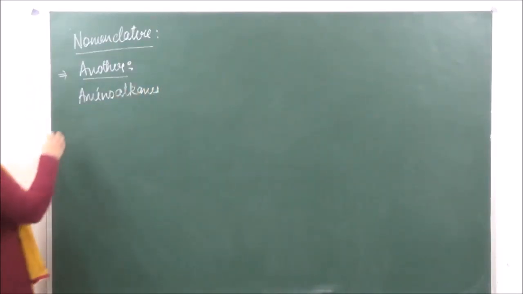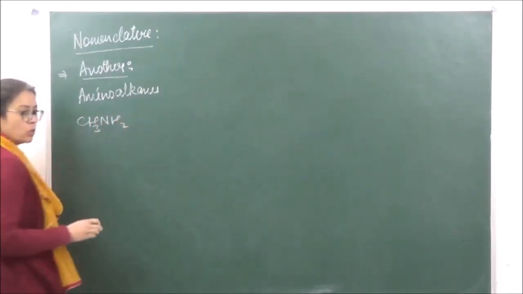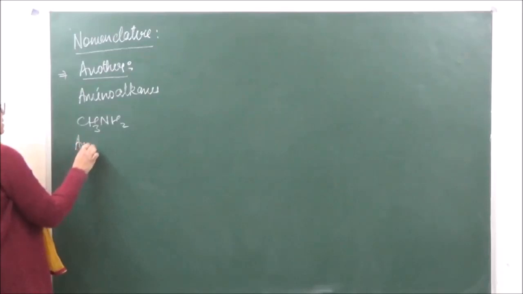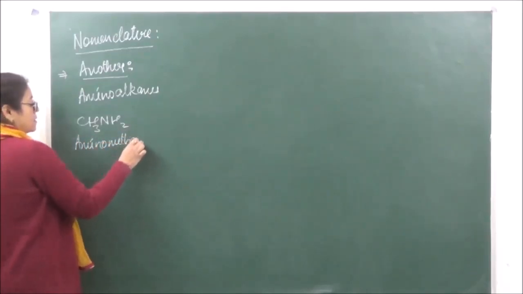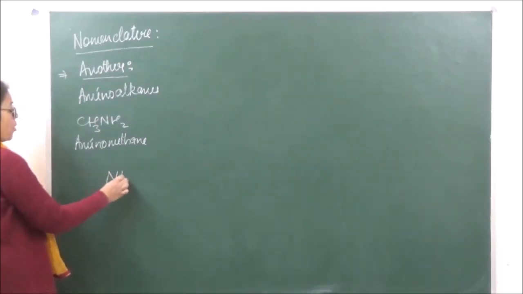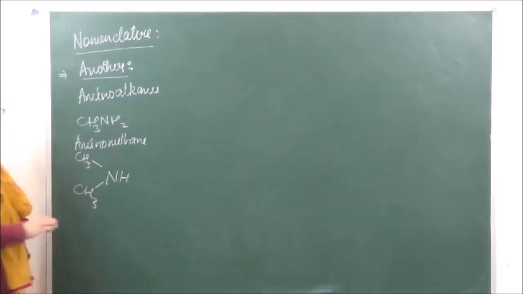For example, if we have CH3NH2, this is named as aminomethane, right? Now if we have a secondary one here of the type, then how are we going to name this?